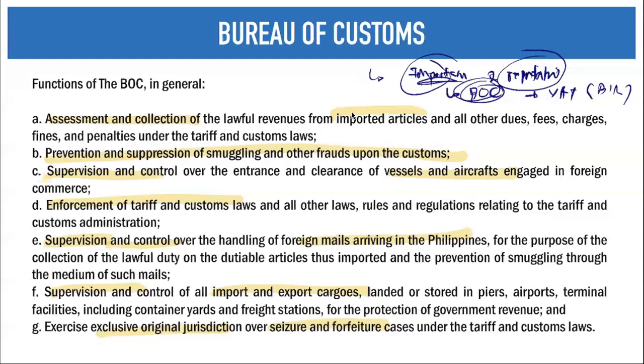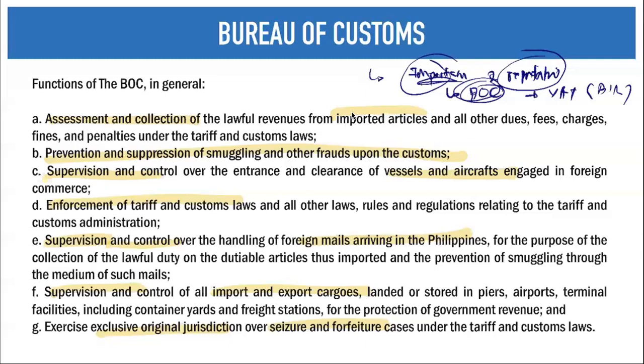Generally, one of the most common reasons is that they are not properly stated in the import declaration, that that particular box contains the following items, and the amount of that item. So those are the most common reasons why some are forfeited or seized, because they are not properly declared.